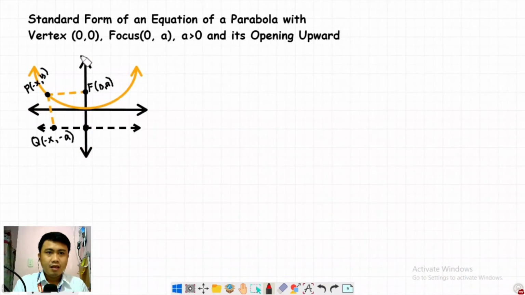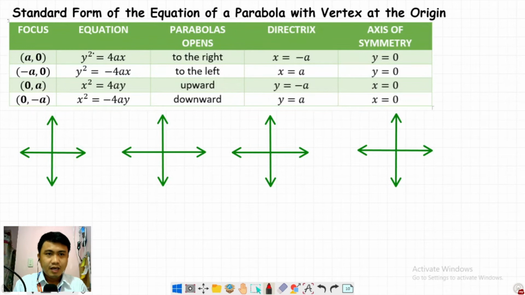Next. Okay, so we have, di ko na ipapakita sa inyo kung paano na-derive, of course, yung mga ating equations na itong apat na ito. Okay? Pero, simple lang naman. Pakitandaan na lang itong ating table. Okay? So, what is A again?